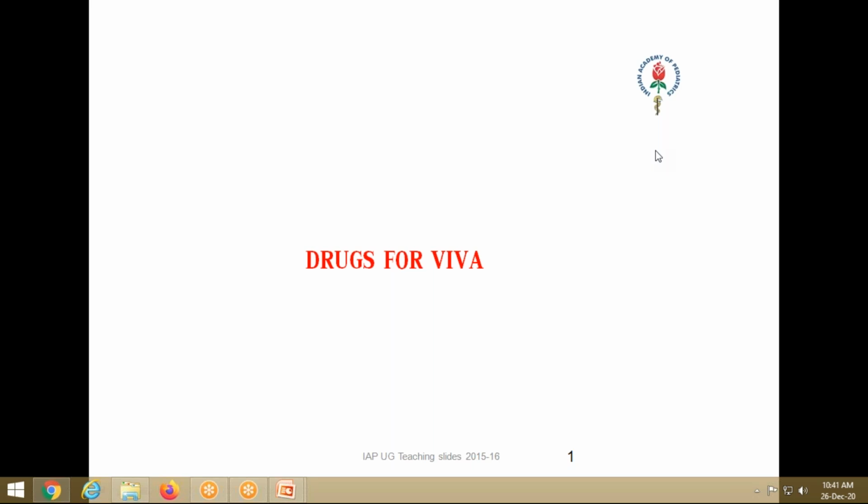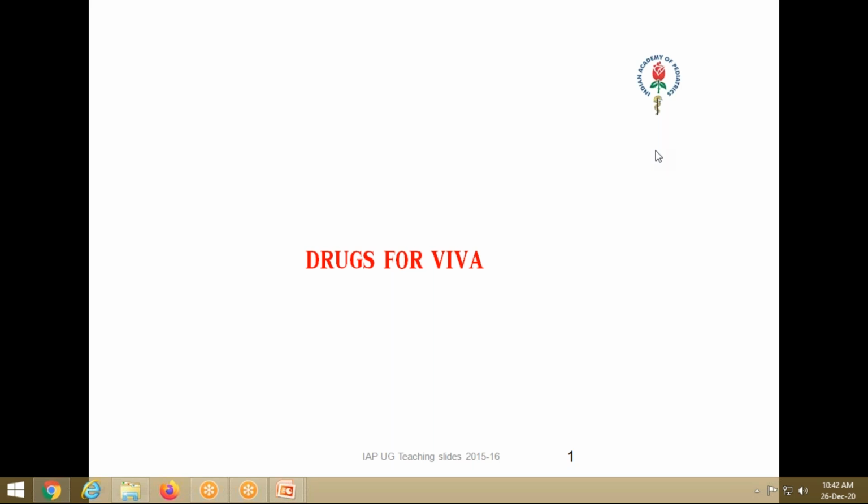Some side effects will be there for every drug. Sometimes you may observe nausea or vomiting, but very rarely. Sometimes mild skin reactions or skin rashes can also be there. Usually, overdose toxicity of paracetamol causes acute hepatic failure.